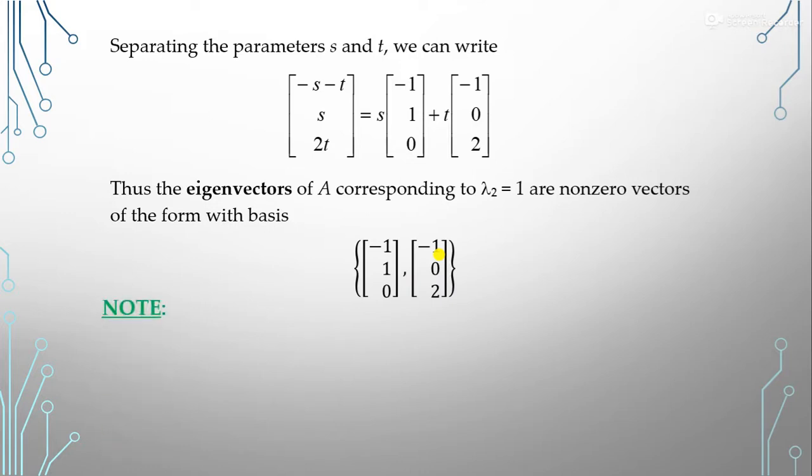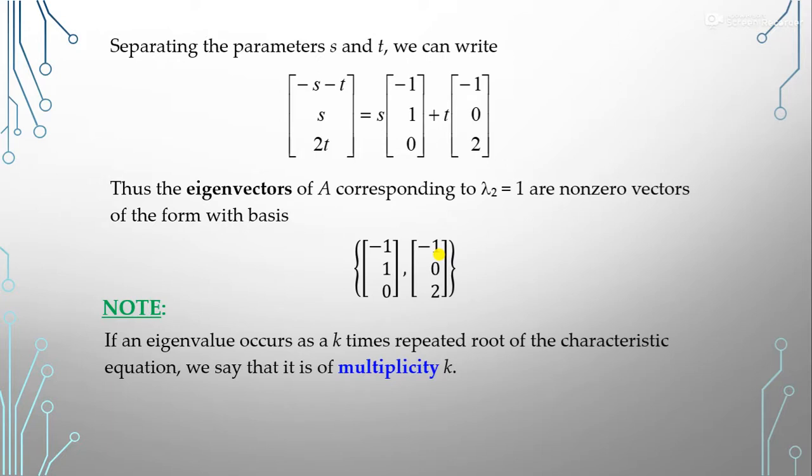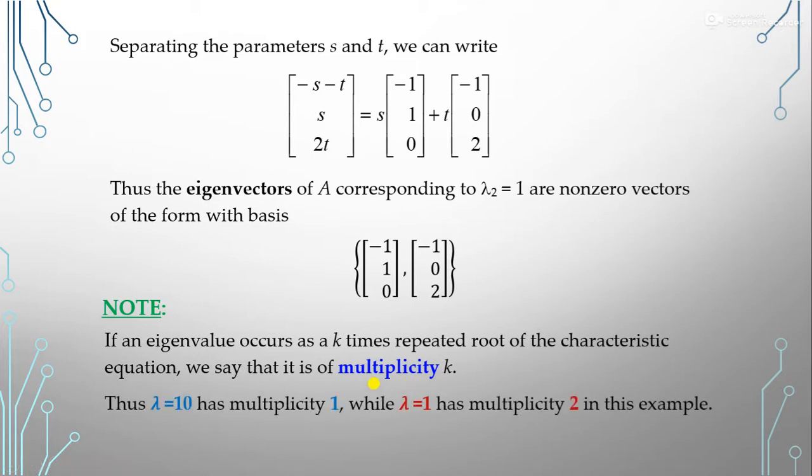Now, one point. If an eigenvalue occurs as a k times repeated root of the characteristic equation, we say that it is of multiplicity k. So what does multiplicity k mean? In this example, what is the multiplicity of lambda equal to 10?